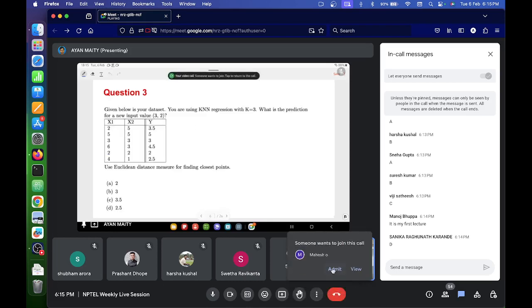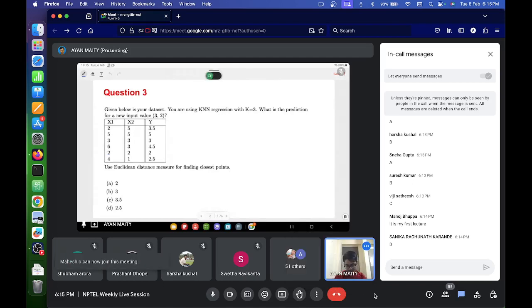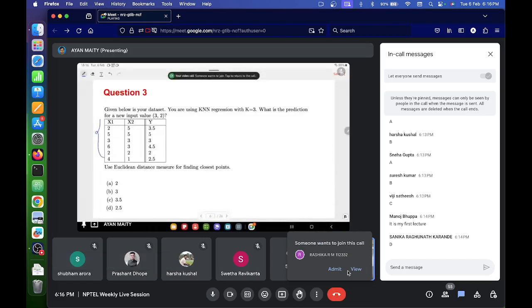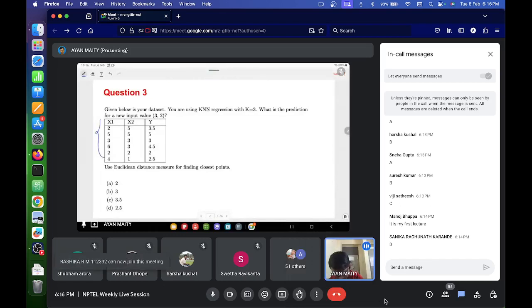Now question 3. This is on KNN. Given below is your data set. This data set contains two input features, x1, x2, and y is the output variable. So you are using KNN regression with k equals 3. What is the prediction for a new input 3 comma 2?